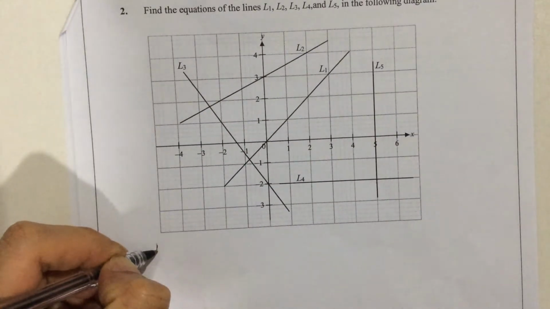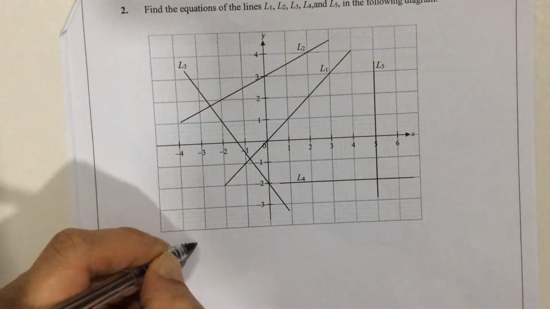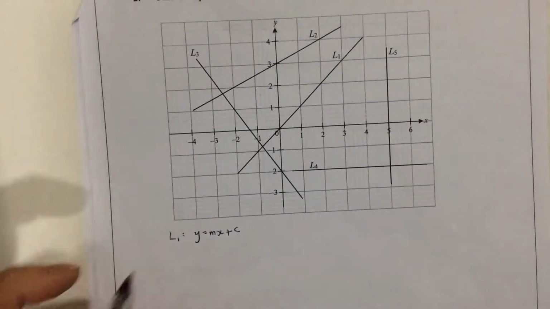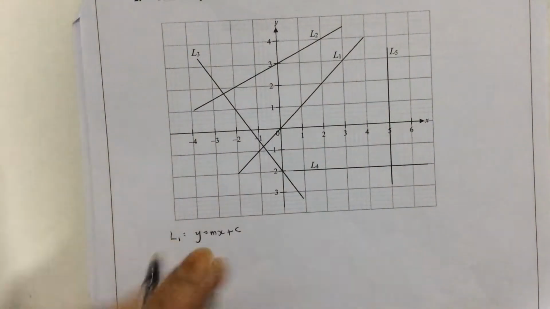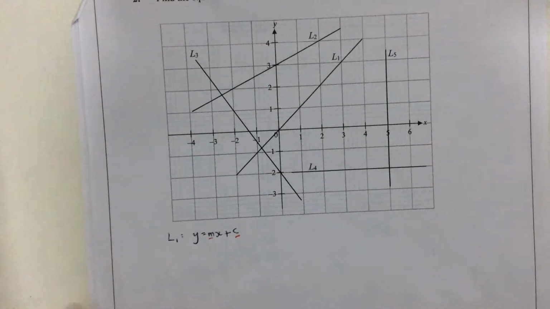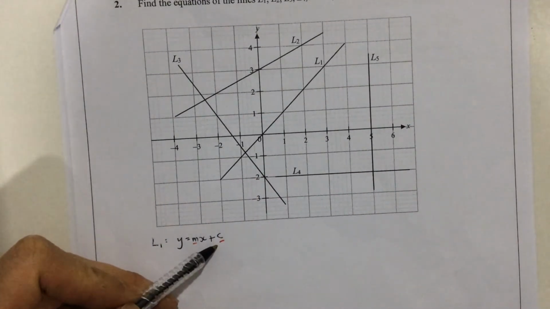So line 1 will have the form y equals mx plus c, and again, as we have done before, we are going to find the value of m and the value of c from this diagram. You can see that c is the y-intercept.